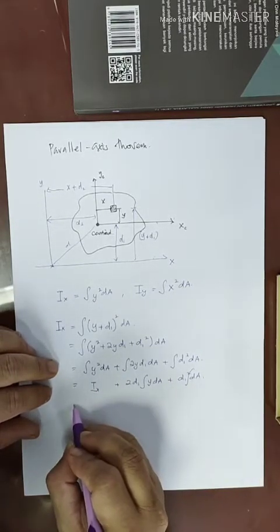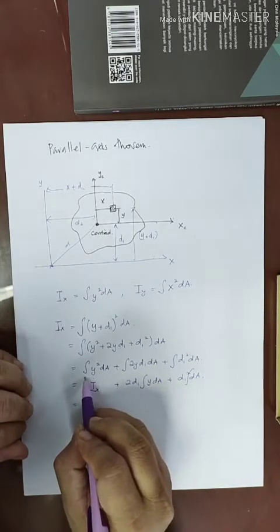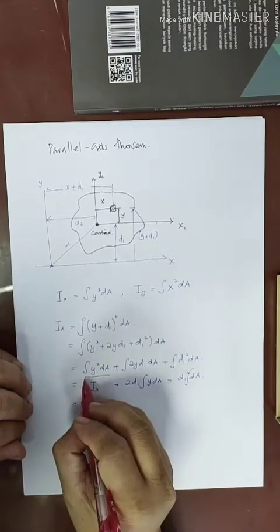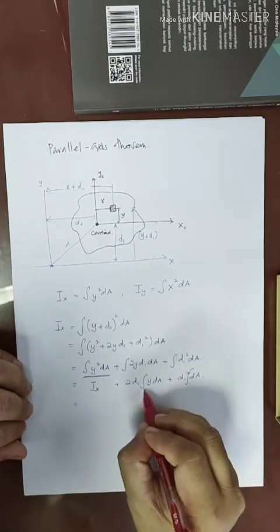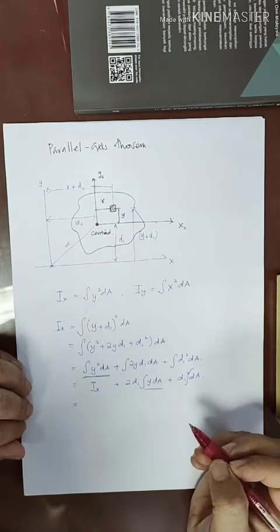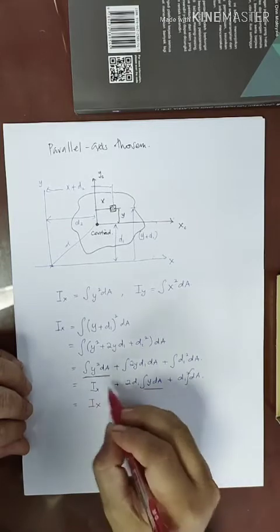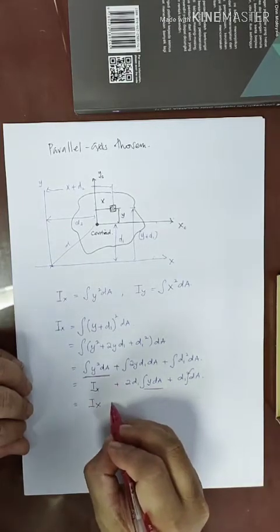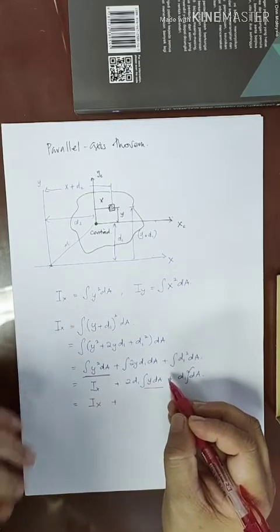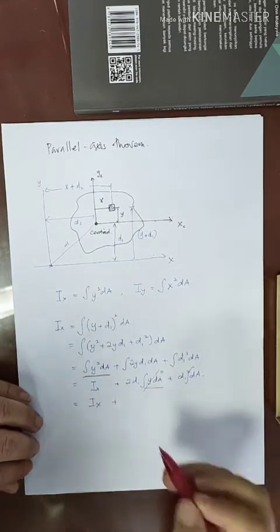So now we have the second moment of area, and we have the first moment of area. Okay, so Ix, plus, since it goes through the centroid, this first moment term must be 0.